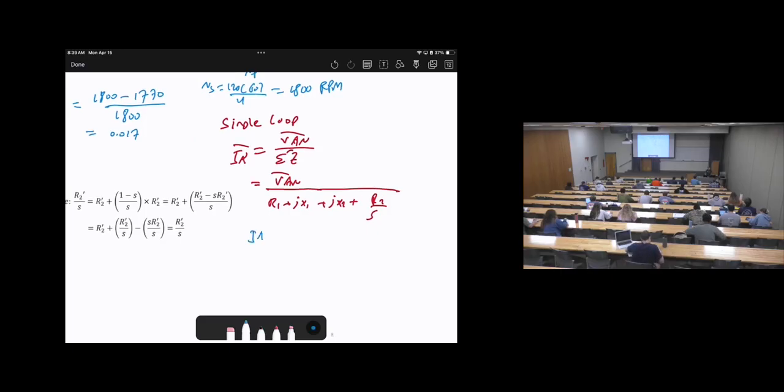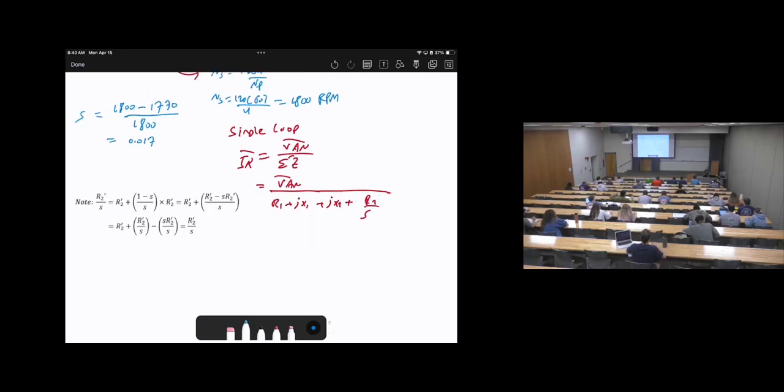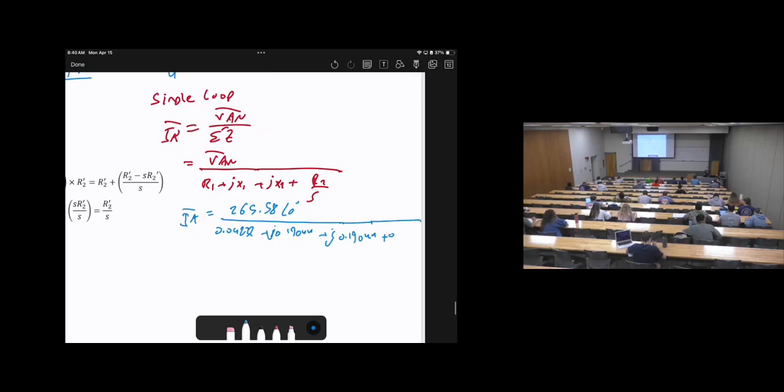VAN equals 265.58 angle 0 divided by 0.04232 plus j0.19044 plus j0.19044 plus R2, which is 0.04232 divided by 0.017.